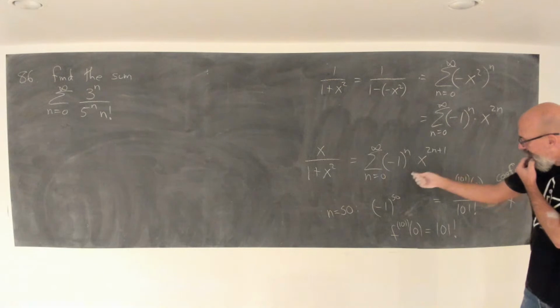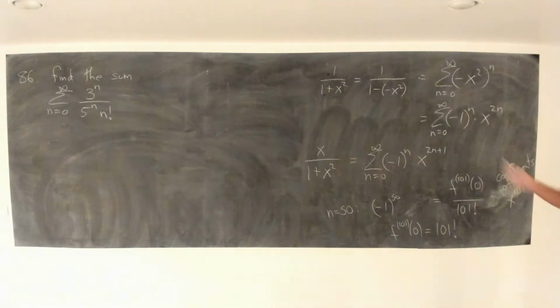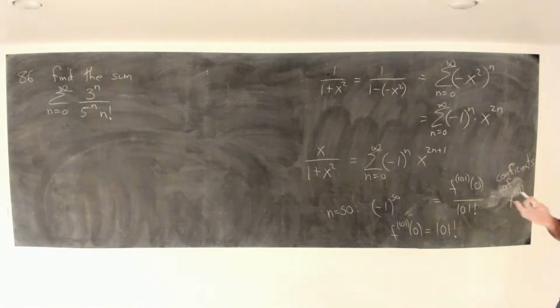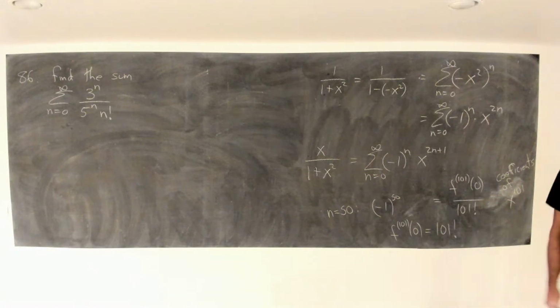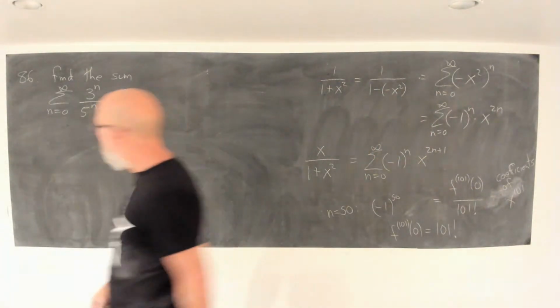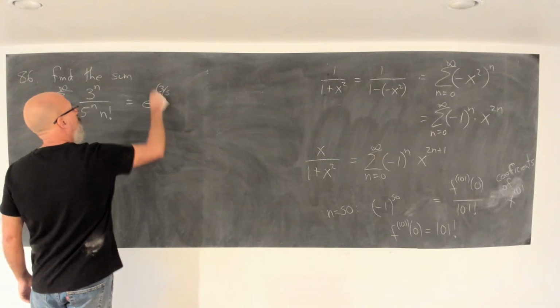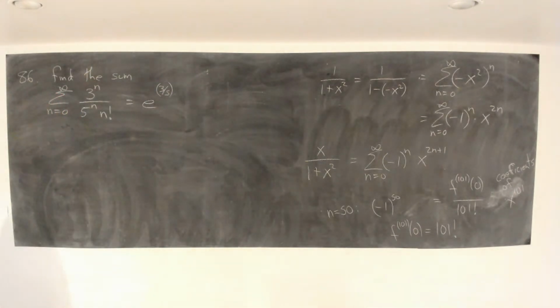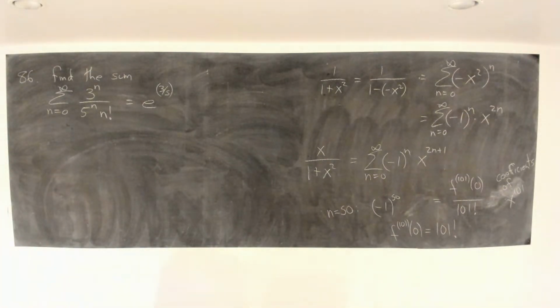Here, the coefficient of x to the 101 is negative 1 to the 50. And in your general Maclaurin series, the coefficient of x to the 101 is this. Solve for that. Very nice. This is e to the 3 over 5. Very nice. Louis has given us the answer here.